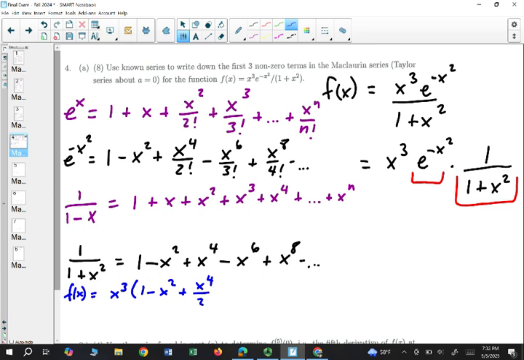You don't want to go too deep into this because you only want to write down the first 3 non-zero terms. Okay, so we'll do that. And then our 1 over 1 plus x squared, so we know those. That'll be 1 minus x squared plus x to the 4th.